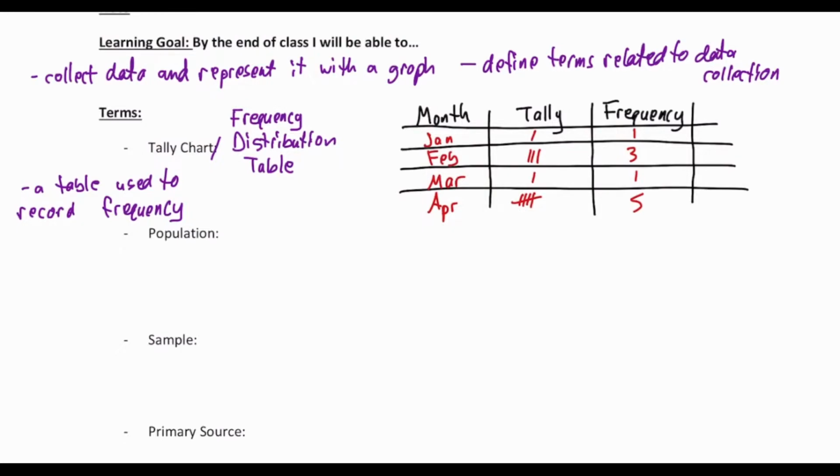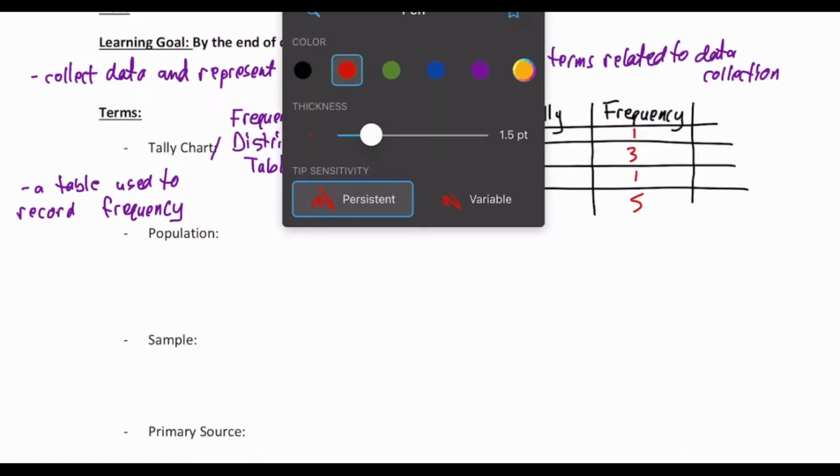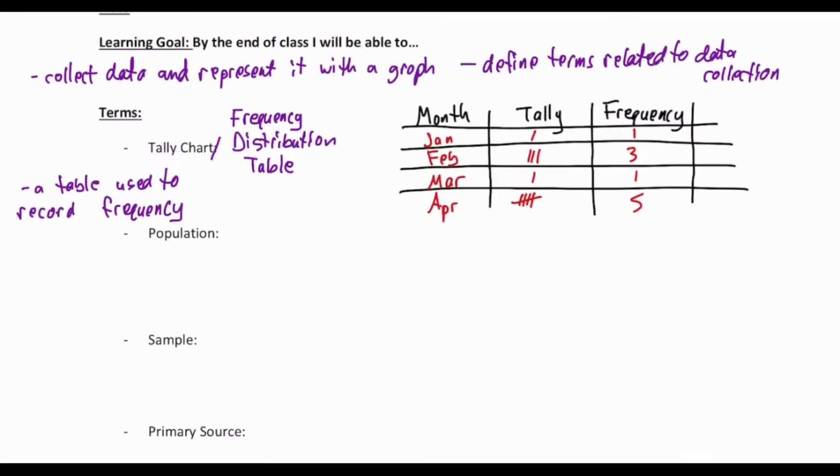All right, our next term is population. And population is all the individuals or items under consideration.